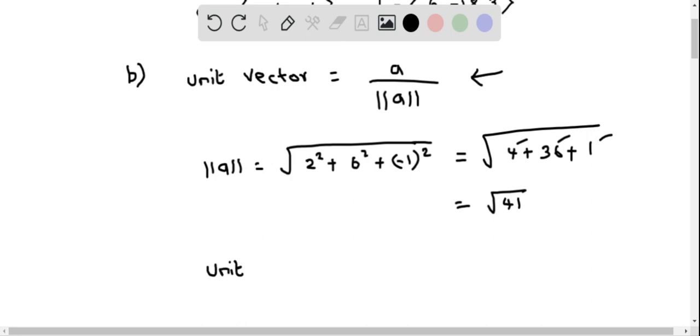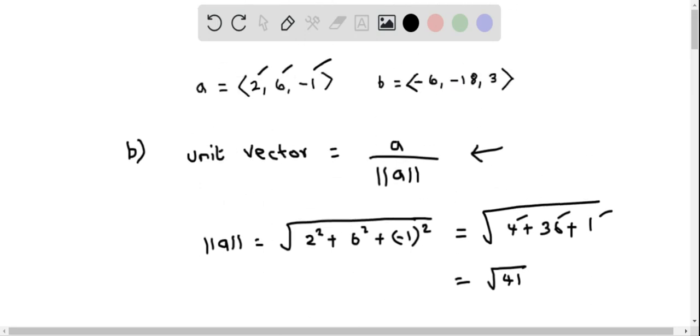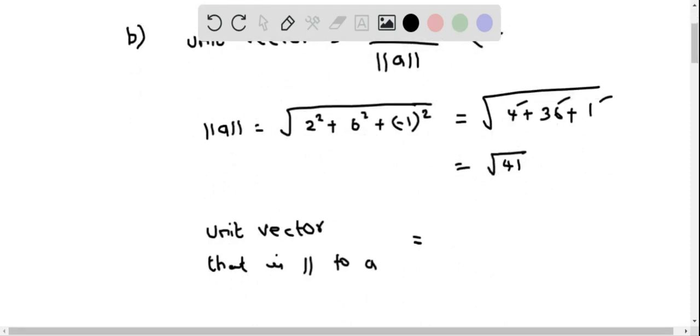So the unit vector that is parallel to A vector equals A vector, replaced by the component form 2, 6, negative 1, divided by the magnitude of A vector, which is the square root of 41.